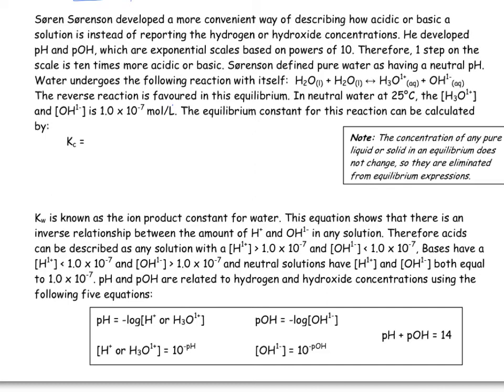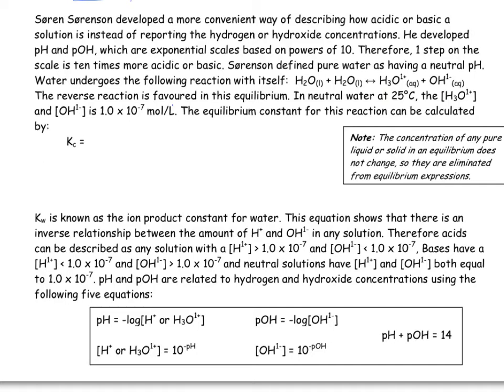Sorensen defined pure water as having a neutral pH. Water undergoes the following reaction with itself to produce H3O plus and OH1 minus. H3O plus is known as a hydronium ion. It is equal in acidity to an H1 plus.